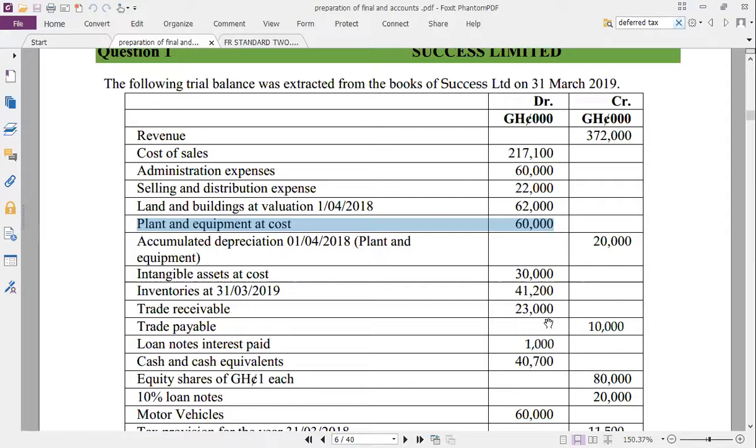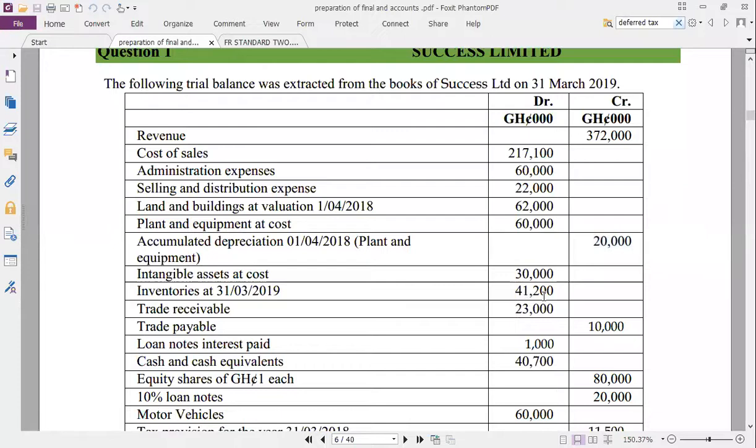That will give us 60,000 less 20,000, right? That will give us 40,000 times 20%. So that's the depreciation for Success if there's no other note. Until another note comes in, that's how the depreciation will be calculated. How do we get it? This 60,000 less the 20,000, that's the accumulated depreciation.